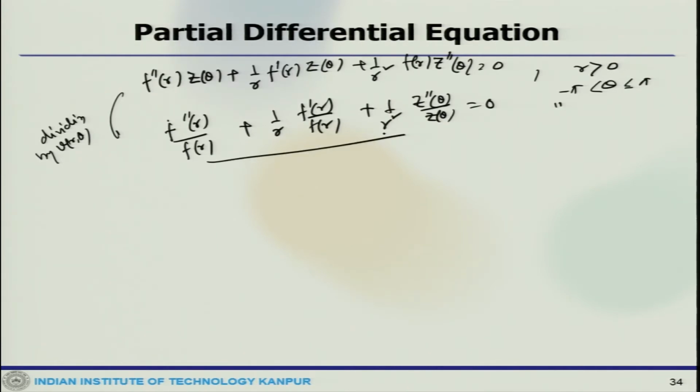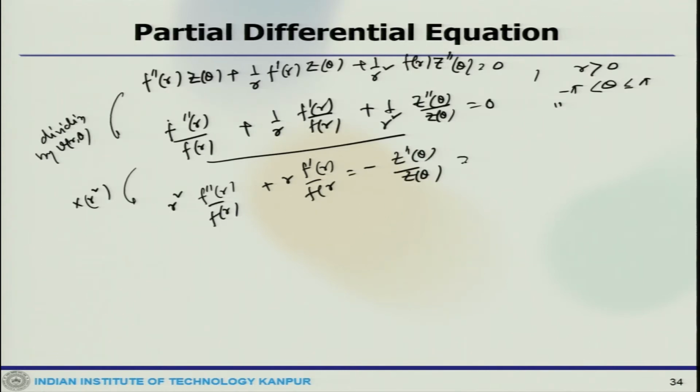Now, here if we multiply both sides by r square, we notice that the equation can be written in such a way that the functions that depend only on r are on one side and on theta on the other side. For example, if we multiply this by r square, we get r square f double prime(r) by f(r) plus r f prime(r) by f(r), which is minus z double prime(theta) by z(theta), which is lambda.